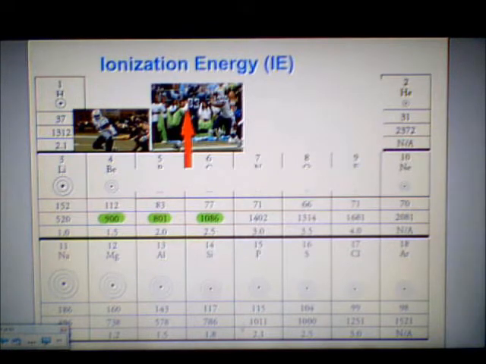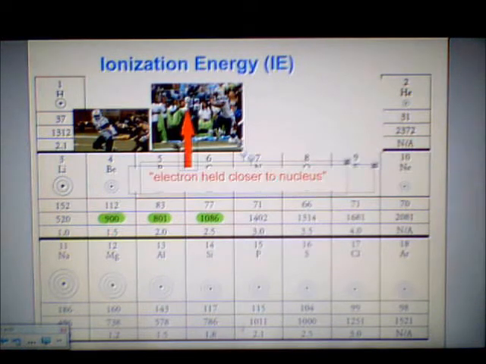Notice the football is coming in closer to the nucleus, or the electron is closer to the nucleus here. And notice the ionization energy is getting higher. It's going to be harder to take that electron away from the nucleus.